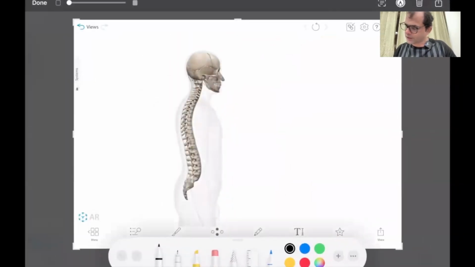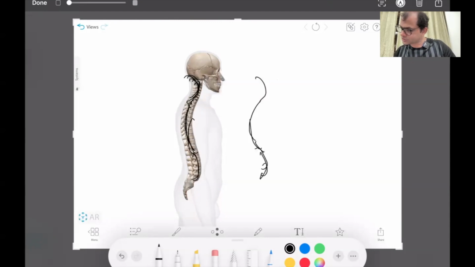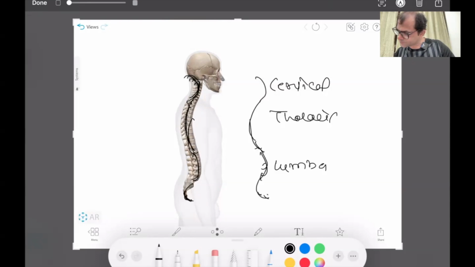The first curve of the neck is like this, the second curve of the thorax is like this, and the third curve of the lumbar is like this. This is the cervical curve, this is the thoracic, this is the lumbar, and then the coccyx is like this.